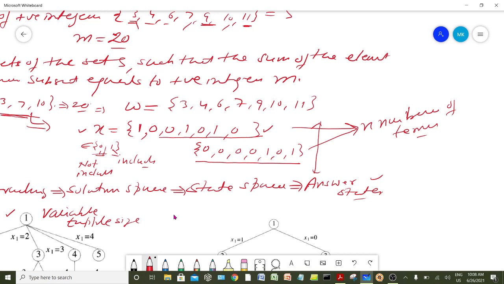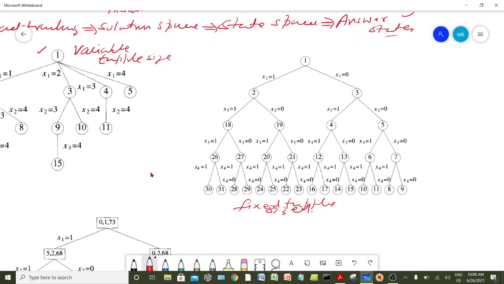But the values of this subset are going to be from the set 0 and 1, where 0 denotes absence and 1 denotes presence. So this is the fixed tuple size solution, and the second one is the variable tuple size solution.